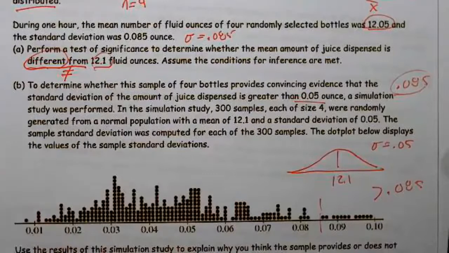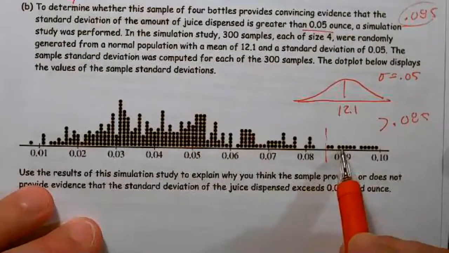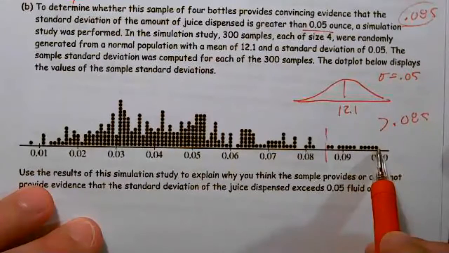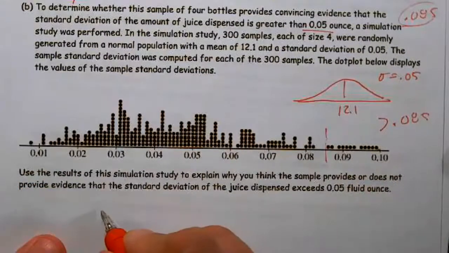Well, okay, that's good, because I really didn't want to count all 300 of those dots. But I can look over here, and I go 1, 2, 3, 1, 2, 3, 4, 5, 6, 7, 8, 9, 10, 11, 12. So it looks like it happened 12 times out of 300.